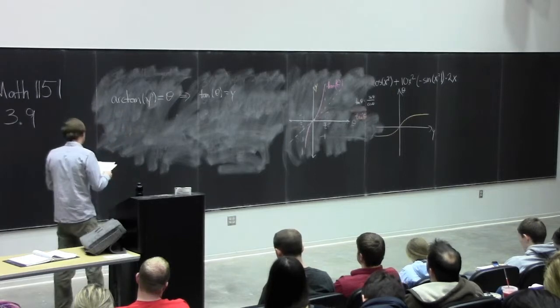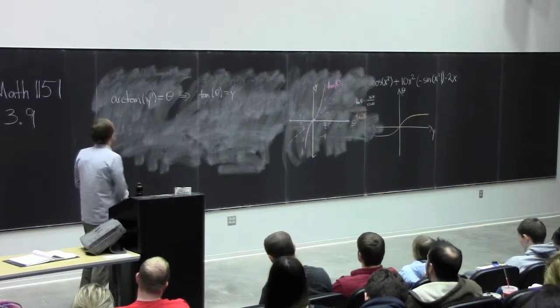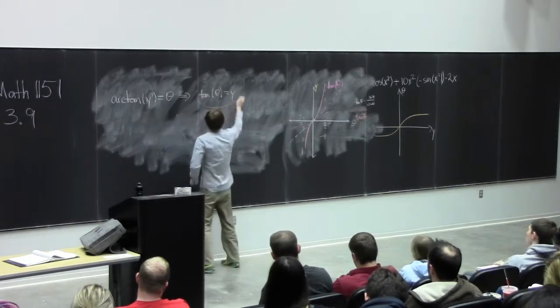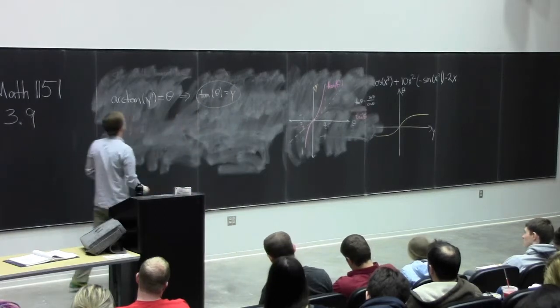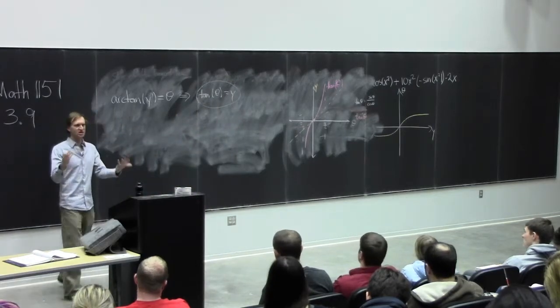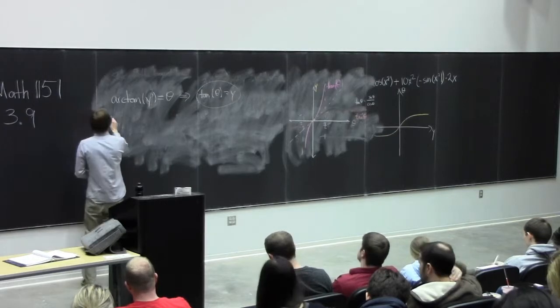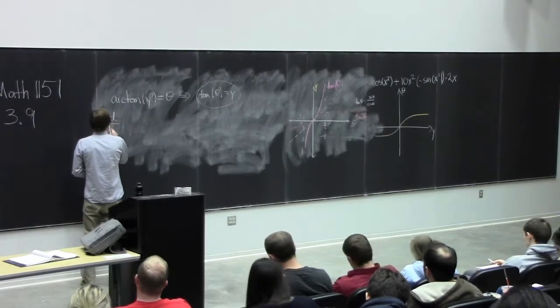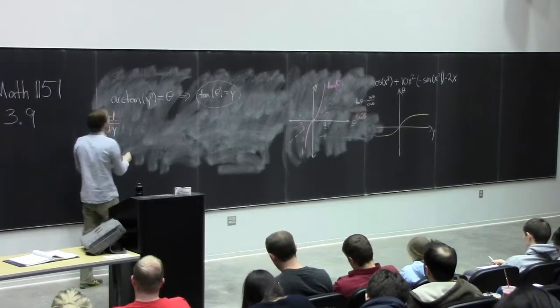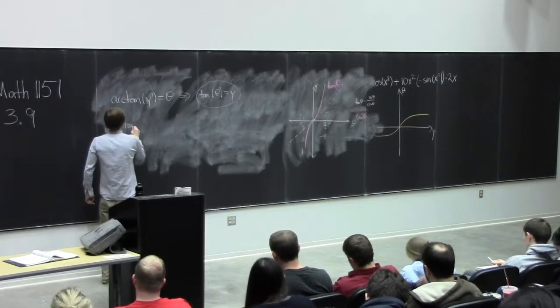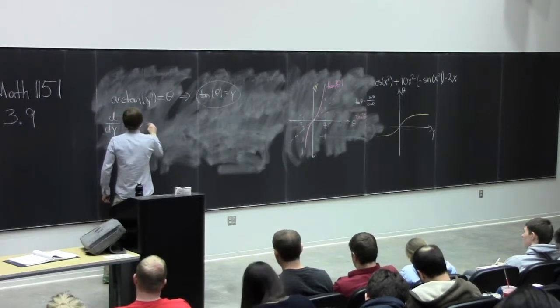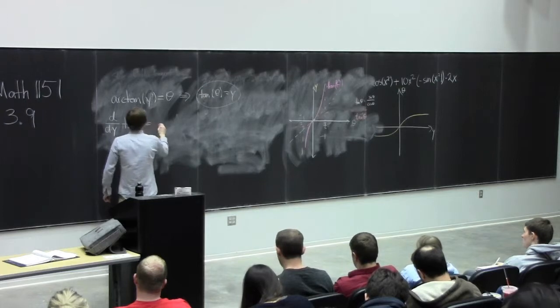Okay. So now what we're going to do is start here, and we're going to use implicit differentiation. And I'm going to throw some notation at you that maybe you haven't seen. I'm going to take the derivative with respect to y of tan theta on both sides.